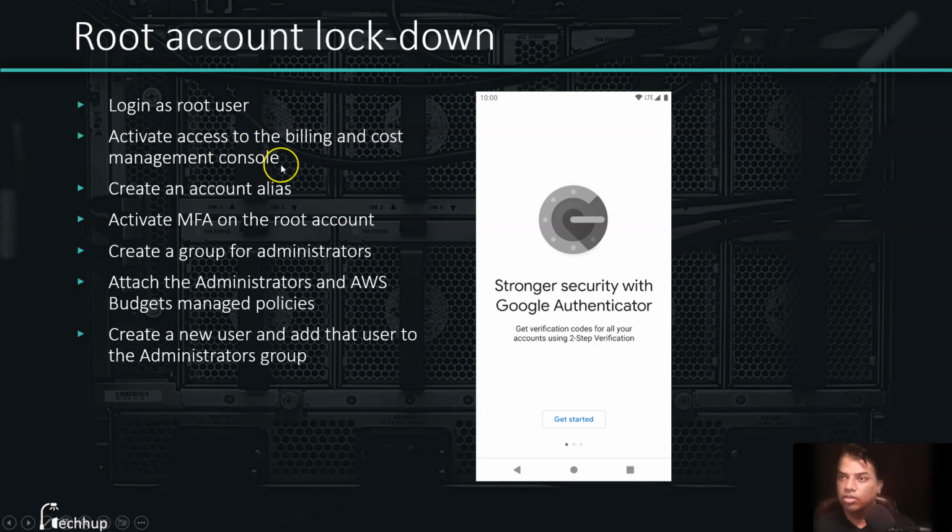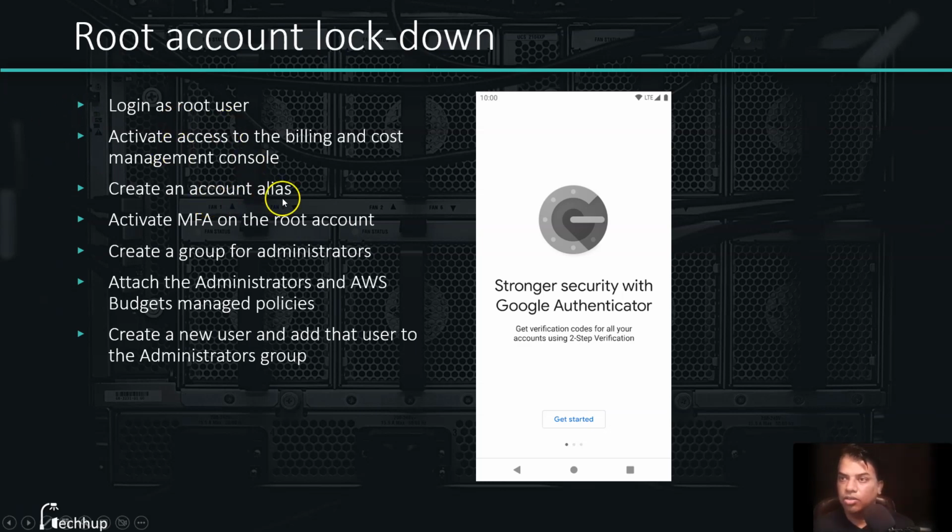So what we'll do is log in as the root user, and then we'll activate access to the billing and cost management console, so that you have an insight into the AWS spends. We'll discuss this topic at length in my next video, where I can show you ways to refrain from incurring costs while performing your lab activities.